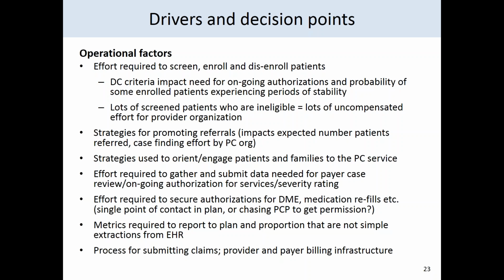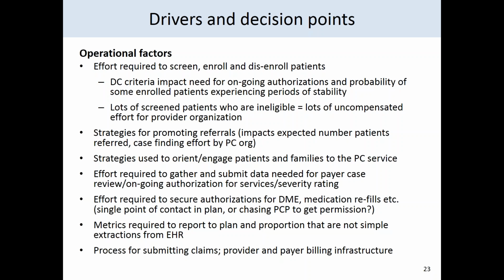The metrics that providers are required to report to the plan, and the proportion of those that are not simple extractions from an EHR, can really build up into a lot of effort on the part of the provider organization. So a conversation needs to be had about which data are really needed, and if that list includes elements that just can't be pulled from an electronic health record, then the effort required to gather those data needs to be accounted for when you're figuring out the cost of care.